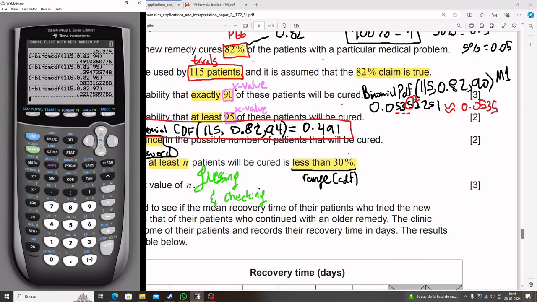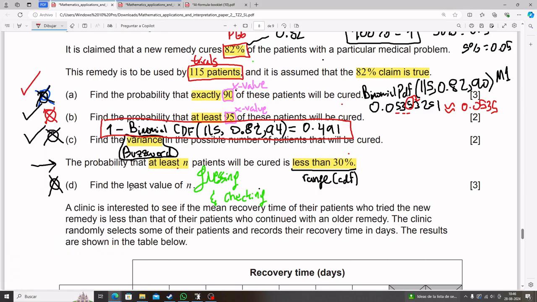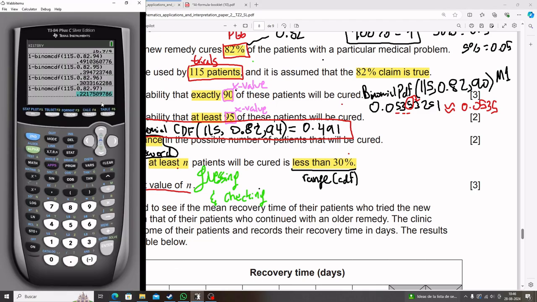And what's the percentage of that? It's definitely less than 30. Right on this part here, for at least 97, it's a little more than 30%, and for at least 98, it's less than 30. So the least value of n clearly has to be the last scenario that we did.